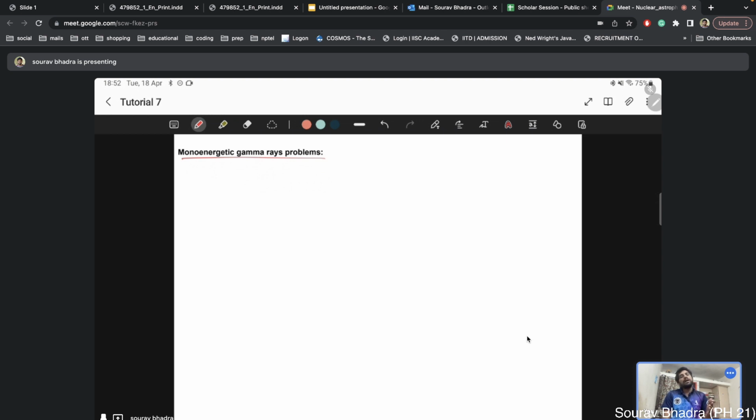Now if the reaction is like this, the projectile is interacting with the target, the reaction is happening and gamma rays are emitting.